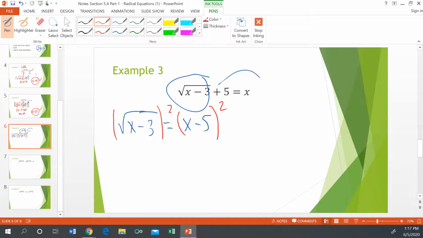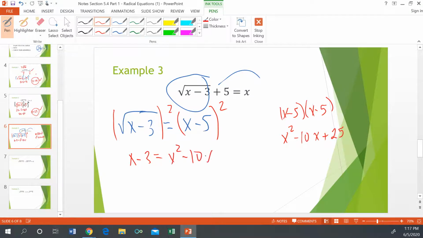Because you guys are so wicked smart, you're going to remember that x minus 5 squared is x minus 5 times x minus 5, which gives me x squared minus 10x plus 25. And this becomes x minus 3 equals that.